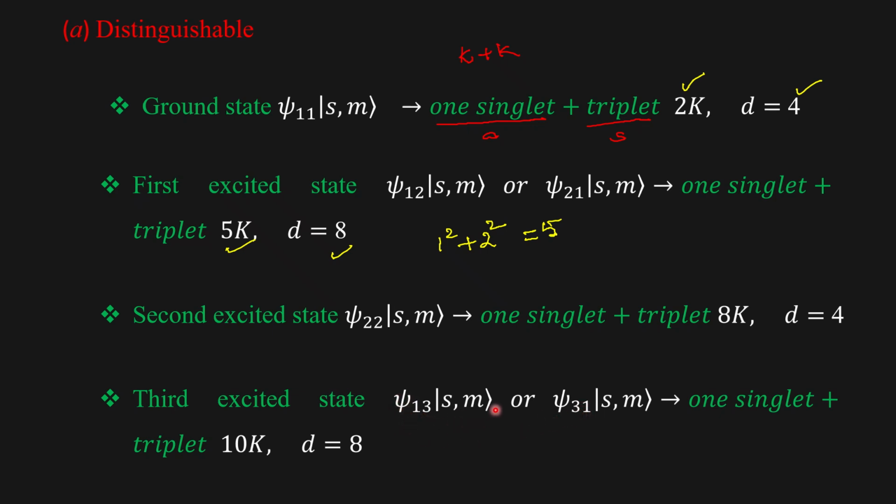So you have here one singlet, one triplet state, and here one singlet, one triplet state. So totally the degeneracy is 8. Then what about the energy? 1 squared plus 3 squared, 1 plus 9 is equal to 10. So 10k.